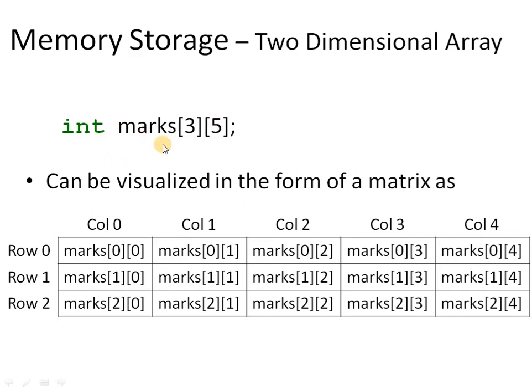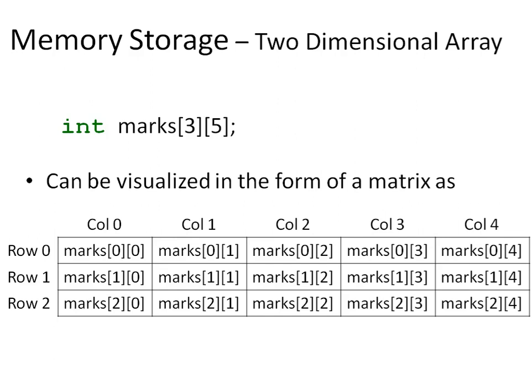For example, here we have declared a two-dimensional array named marks with 3 rows and 5 columns. So, the two possible ways to store this array are: first, we store row 0, then row 1, then the last row, that is row 2.